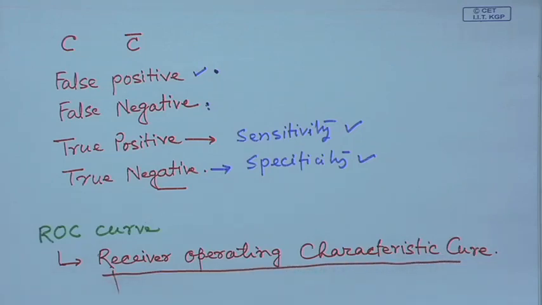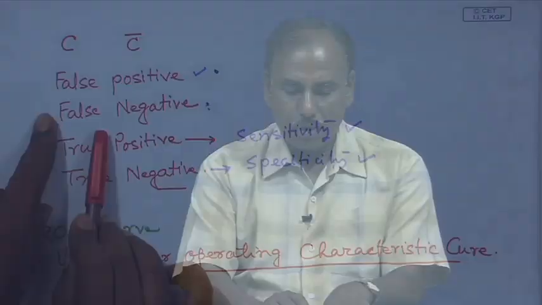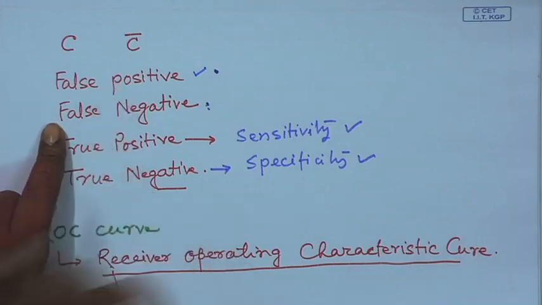For the ROC curve, you plot one of the false cases against the other.